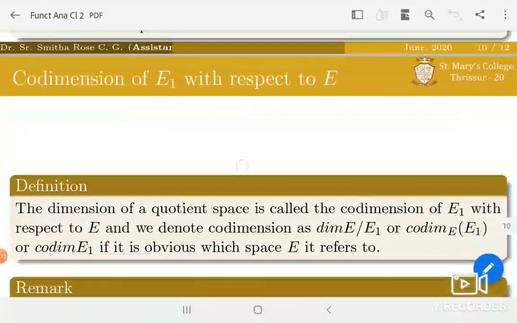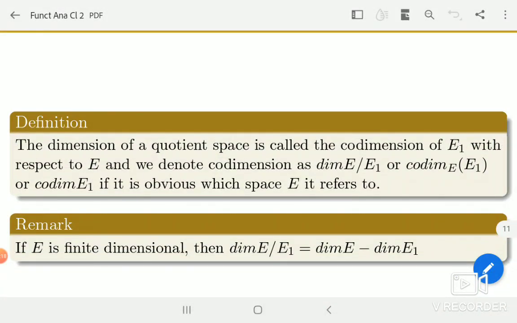Now we will move on to the dimension of the quotient space. The dimension of a quotient space is called the codimension of E1 with respect to E, and we denote codimension as dim E by E1, or codim of E1 with respect to E, or simply codim E1 if it is obvious which space E it is referred to.